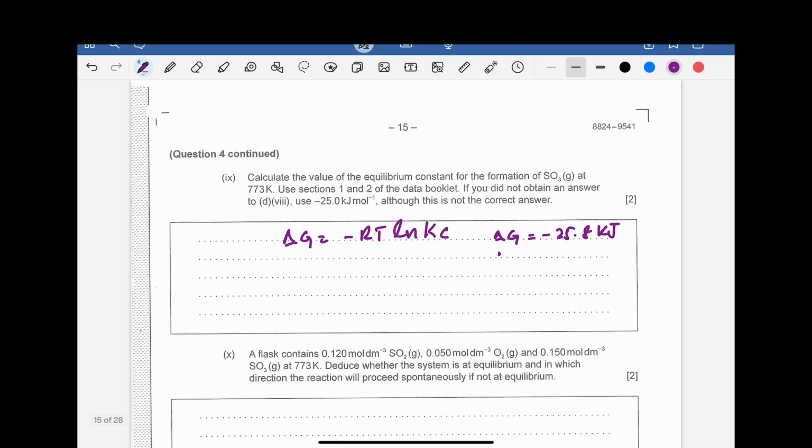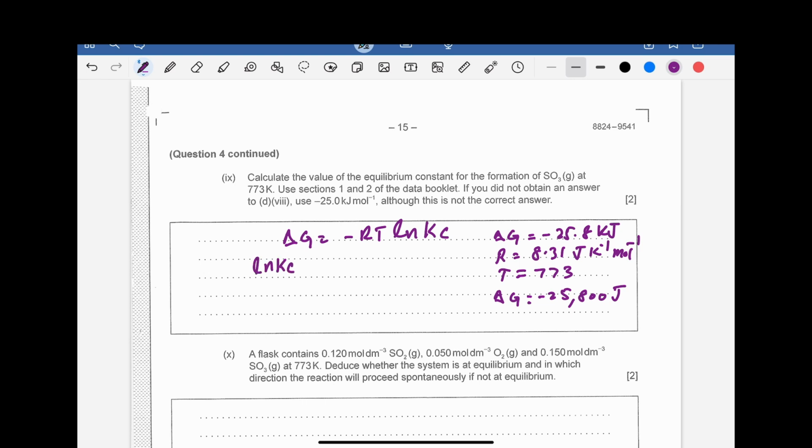And we have the value of R in section 2, which is 8.31 joule per Kelvin per mole, and we have been given the temperature, 773. Units of our gas constant are in joules per Kelvin per mole, but delta G is in kilojoules, so we need to convert delta G into joules. So delta G will be equal to minus 25,800 joules.